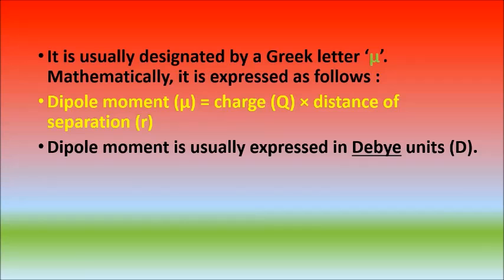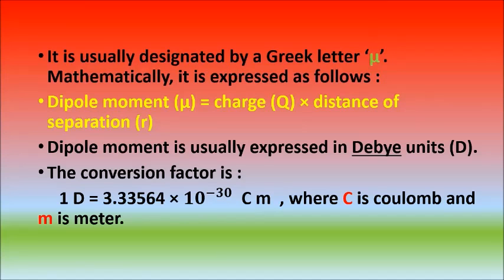The symbol for debye is capital D. The conversion factor, if we want to convert from one unit to the other, is 1 D equals 3.33564 times 10 raised to minus 30 coulomb meter, where C is the coulomb and m is the meter.